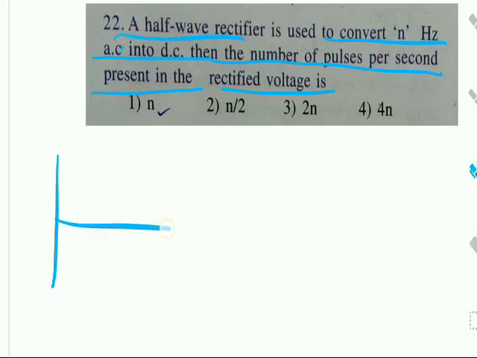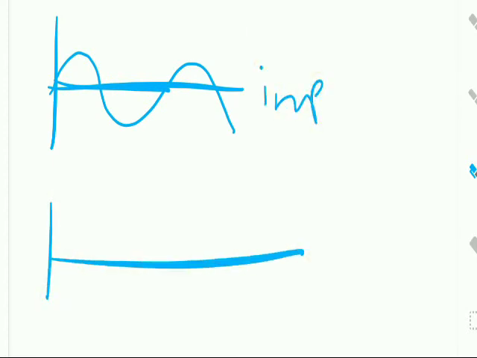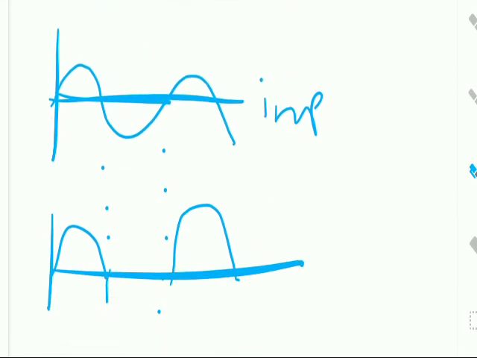So it is the one wave input, output, only positive peaks allowed, negative peaks not allowed. So in every cycle allow one half.